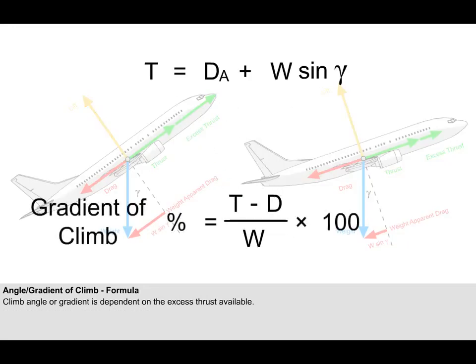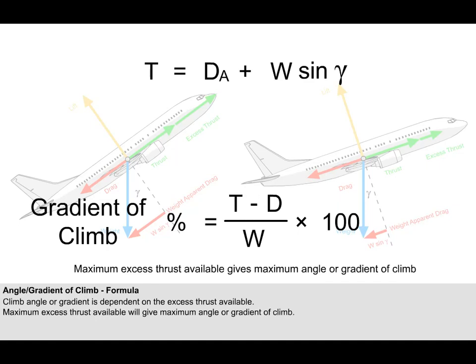We show here the formula to calculate the gradient of climb. Remember that total thrust available minus total aerodynamic drag gave us excess thrust available. For any given weight of aeroplane, the greater the excess thrust available, the steeper the climb angle.